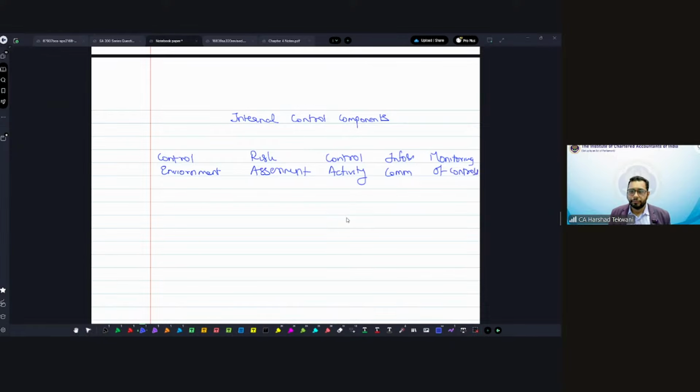Okay. This is how the internal control is designed. If any of the component is missing, you can't have an internal control. You cannot have an internal control. That is for sure. Clear?